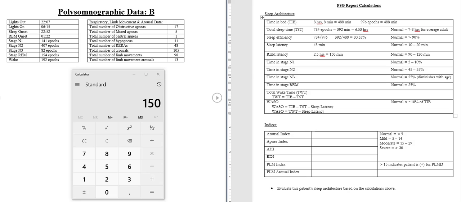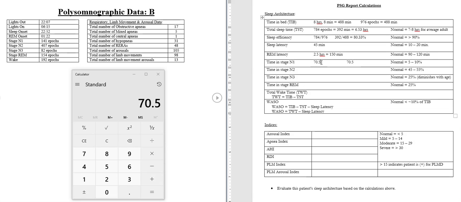For the time in stage 1, you're just converting the epochs into minutes, so that's just going to be 141 divided by 2, so that's going to be 70.5. And then we're going to further convert it into a percentage, the percent that the patient spent in stage 1. So for that math, you're just going to use your total sleep time, but you want to make sure the increments are the same.